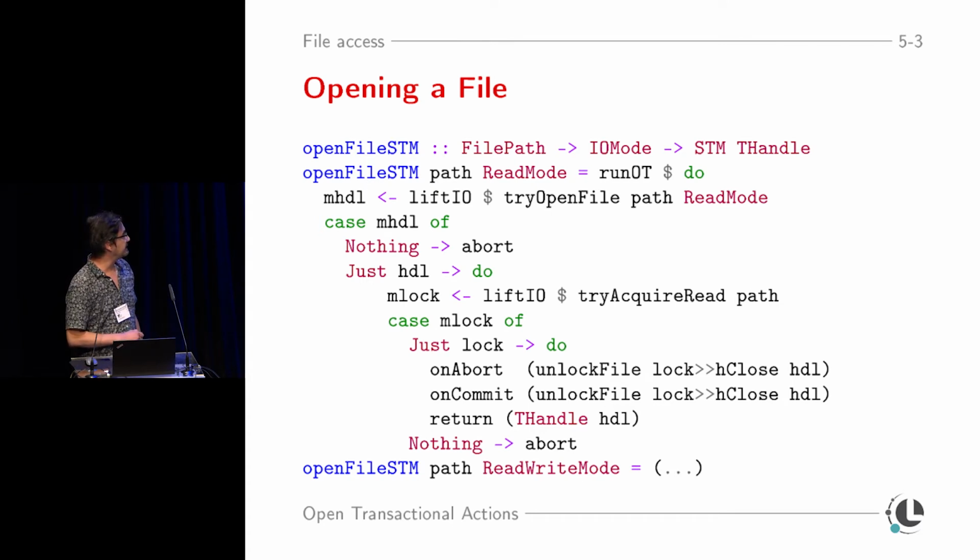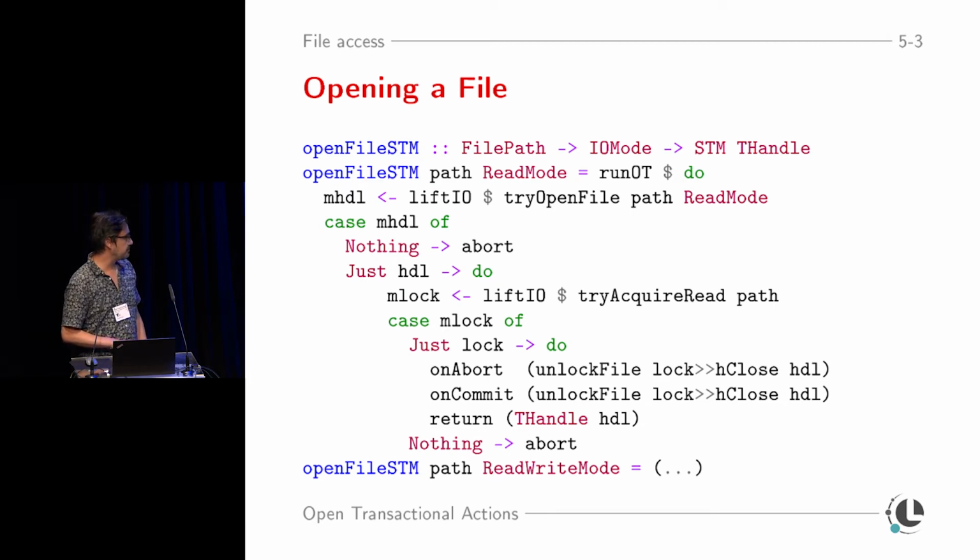If we can't open the file, then we abort the transaction. Otherwise, we try to acquire the read lock for the file. If we manage to acquire the lock, then we register onAbort and onCommit actions to unlock the file and close the handler. If we cannot acquire the lock, then we abort the transaction.